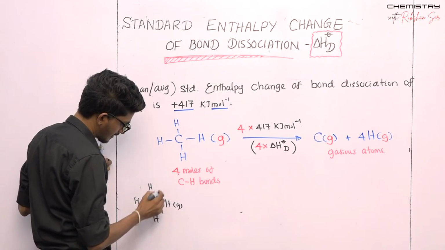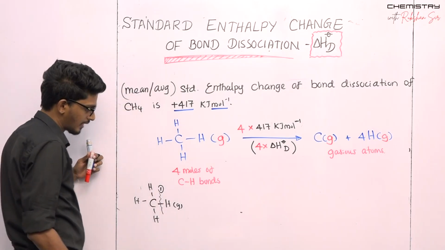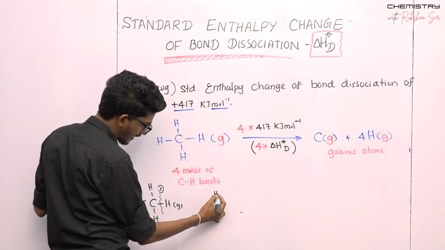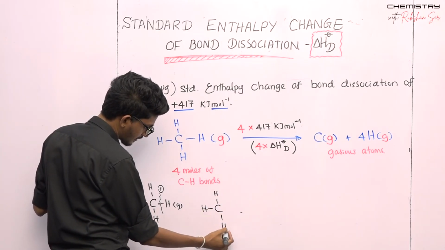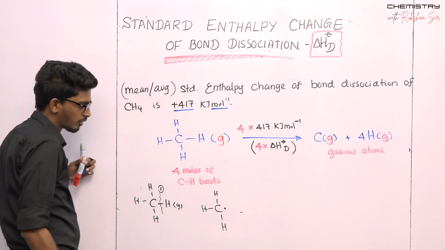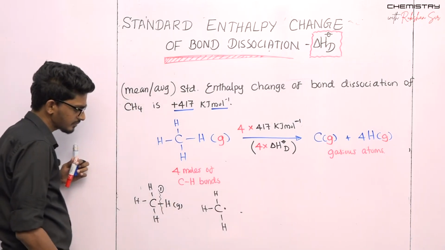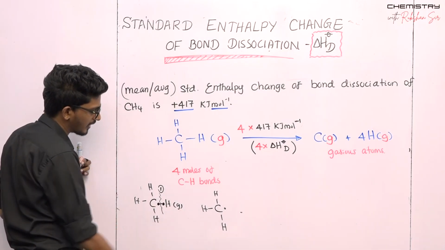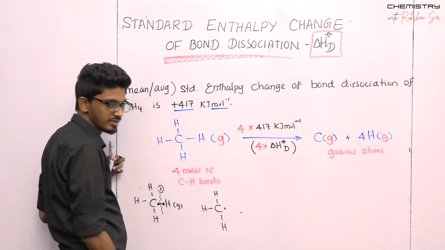This is the first bond to break. But after breaking the first bond, the second bond to break will happen from this kind of a species, after they are breaking this bond like this.